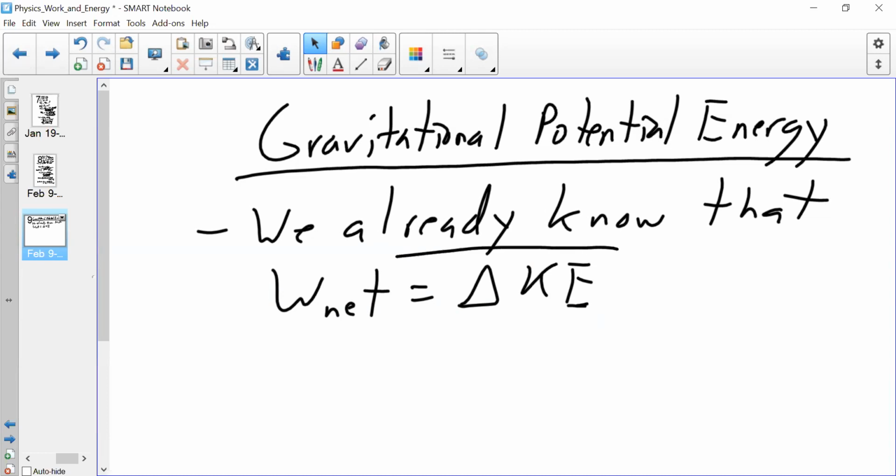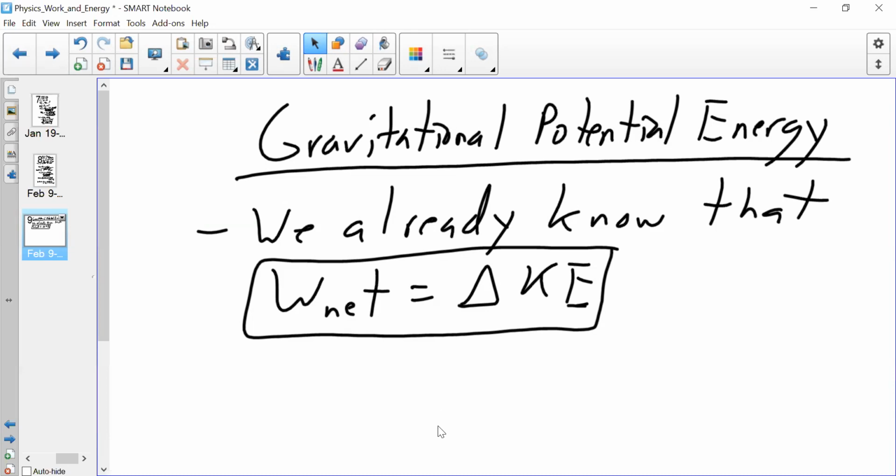But this is our general equation for work in terms of changing an object's kinetic energy. So if I have a box, I pull it a certain direction, I'm going to change it from rest to some final speed. So I'm changing its kinetic energy from 0 to some final kinetic energy.